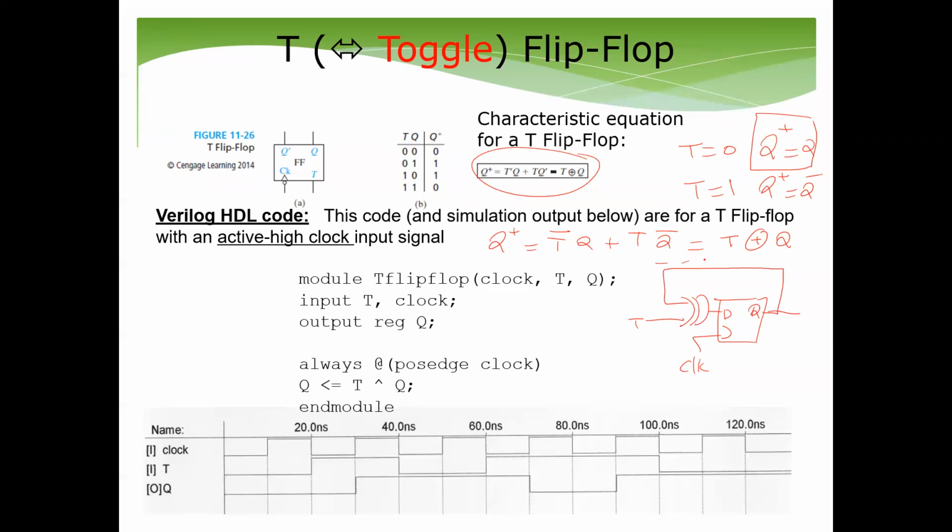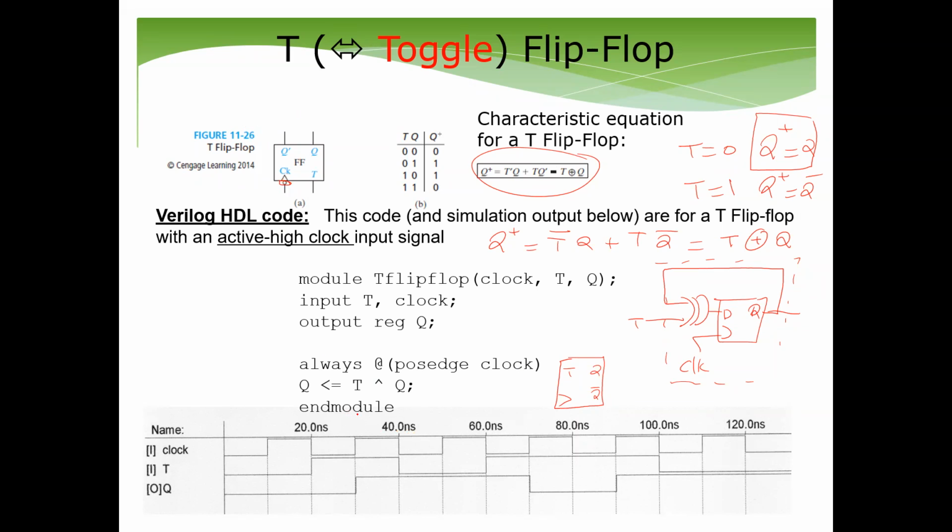Now, this whole thing is a T flip flop and can be written as T, Q, Q bar, and clock. Now, the symbol here has a small bubble at clock. That means this will only read at the negative edge of the clock.